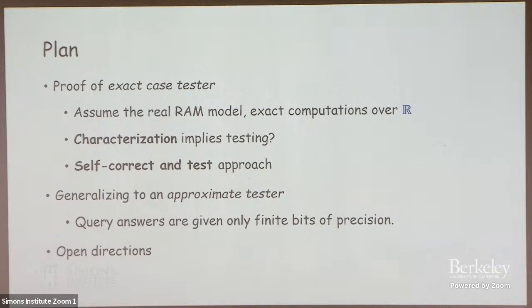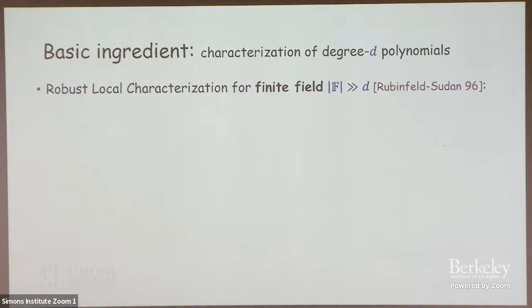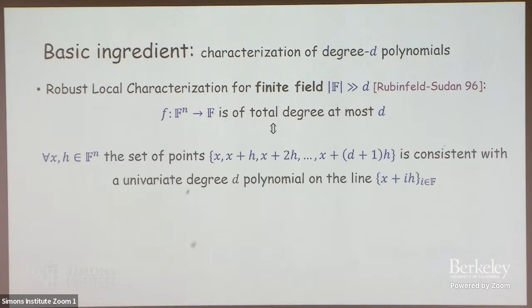Okay. So let's talk about exact testing. There are two main ingredients. The first one is the characterization of low degree polynomials. So if we go back to finite fields, a known characterization for low degree polynomials is that whenever you take two points, you can think about it as the line that goes from x in direction h. And on this restriction, you get a univariate function.